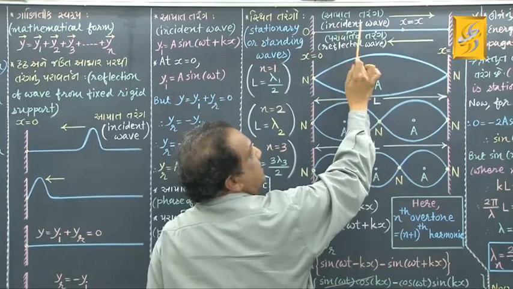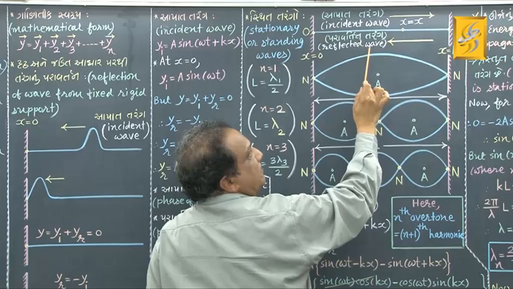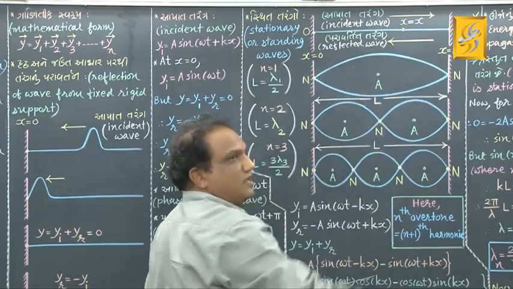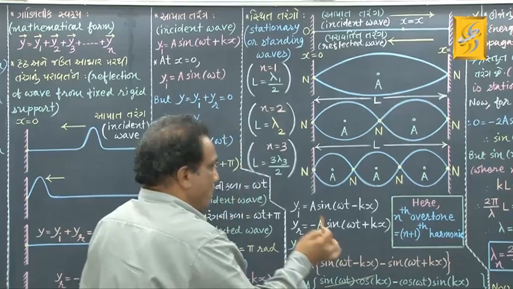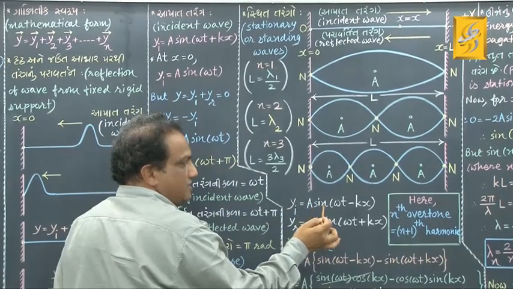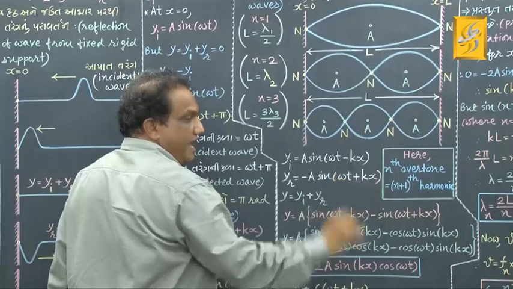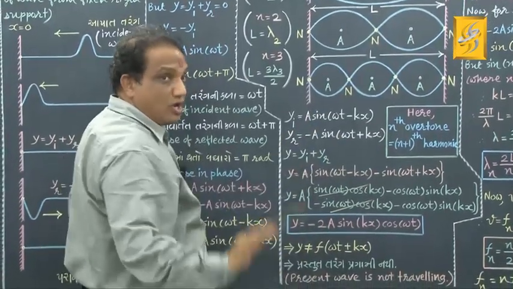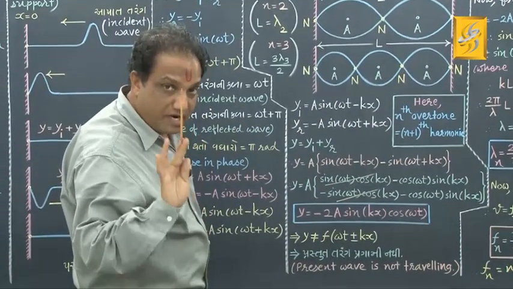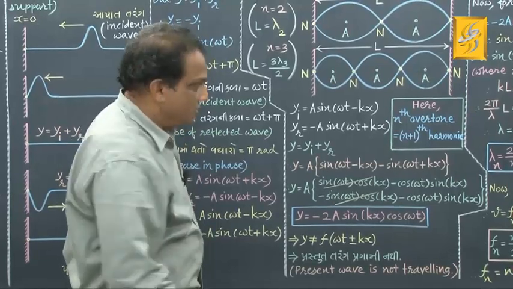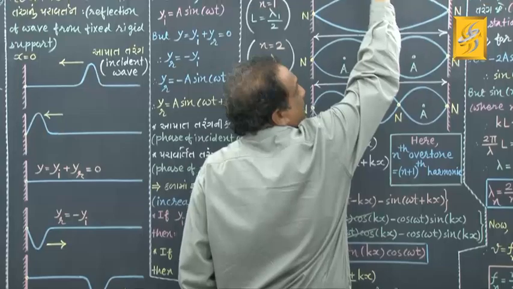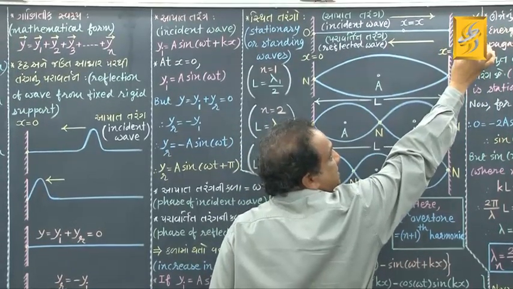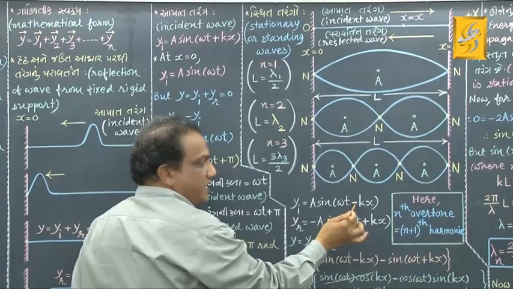I am writing here incident wave, here I am writing reflected wave. Now tell me, what would you say about the equation of the incident wave? yi equals a sin(omega t minus kx). Why plus a? Because we say that the wave is made incident in the form of a crest. Why is there a negative sign here? Because the incident wave is propagating towards positive x-axis. That's why here it is a negative sign.